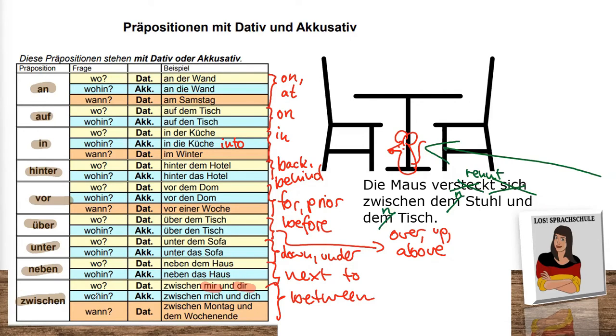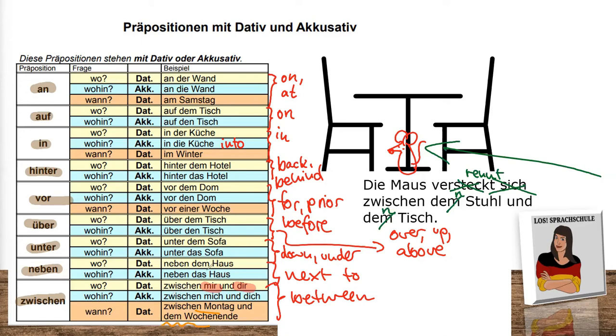Zwischen, between, also has a time relation if you want, between Monday and the weekend, for example. Zwischen Montag und dem Wochenende. So it's Dativ. And as you can see, the days don't have an article if you say it in a sentence like this. But when you say weekend, it's super clear, dem Wochenende.